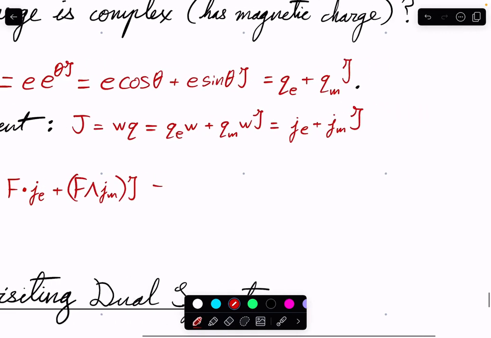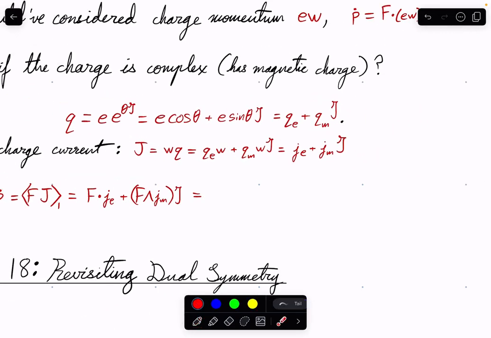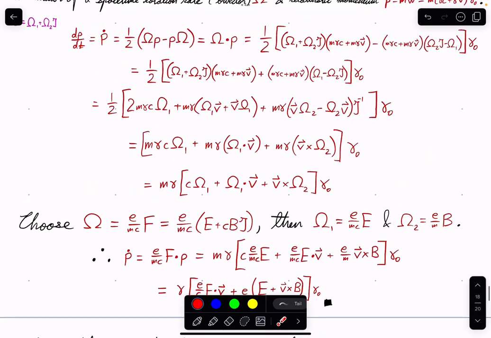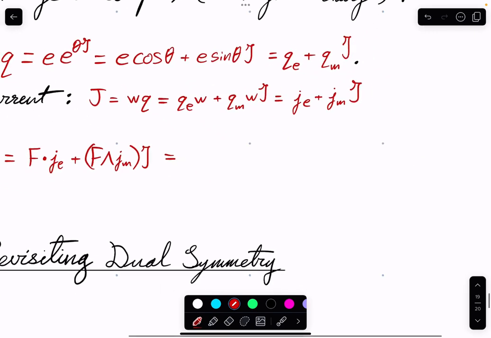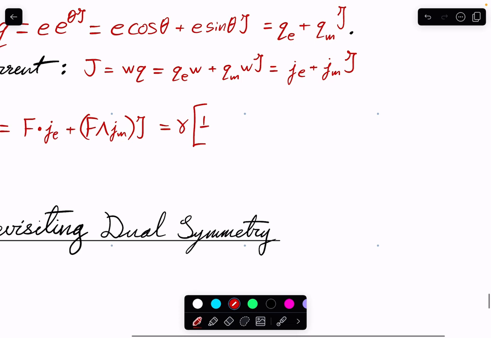If you continue expanding it out, I'm not going to do every little step, because the steps follow pretty much this. You'll see that it gives a more complete version of the Lorentz force law, such that it has magnetic charges as well, even though, again, there's no proof that magnetic charges exist.